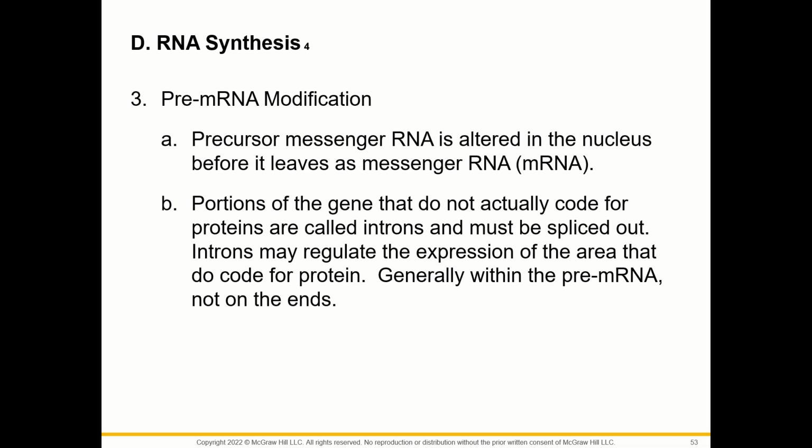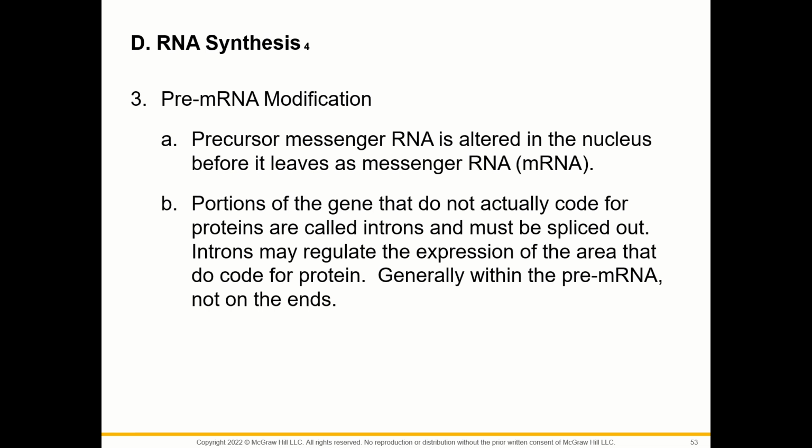All right, so now, as promised, pre-mRNA modification. The precursor messenger RNA is altered in the nucleus before it leaves as the messenger RNA. Portions of the gene that do not actually code for proteins are called introns, and they must be spliced out.